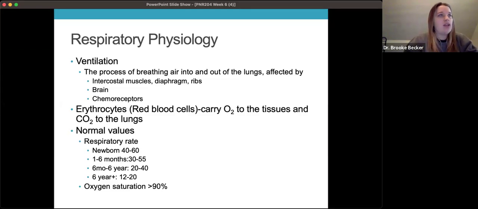And obviously, oxygenation wise, you should have a pulse ox of greater than 90%. I will say on kiddos, sometimes it's tough to get a consistent reading on your pulse ox machines. If they're moving around, if they're crying, if they're fussing, you guys have to take that into consideration, okay? Because you're not going to have a good, reliable waveform on those.